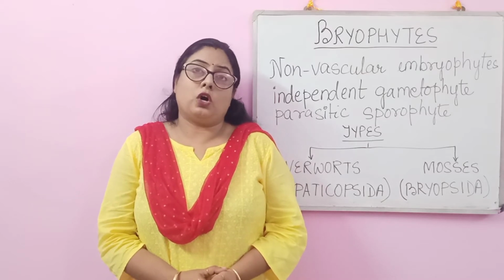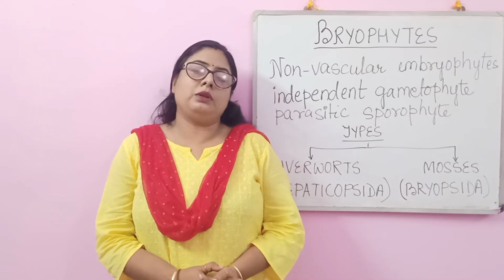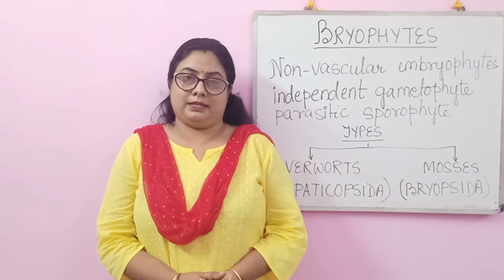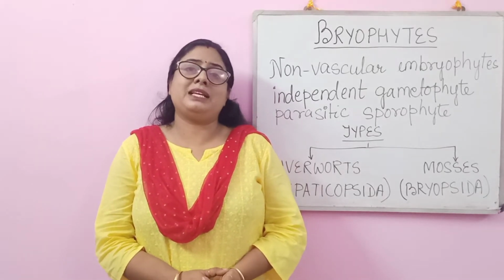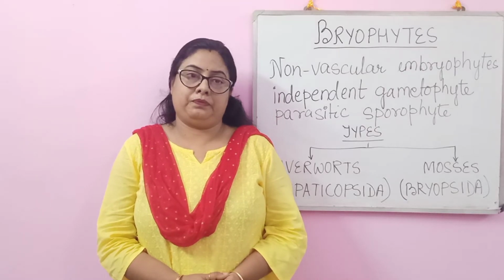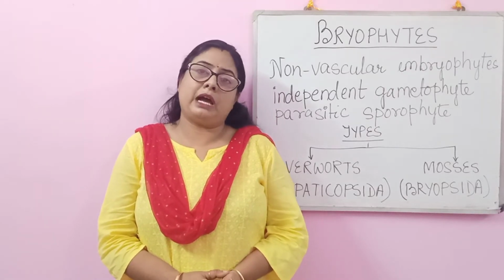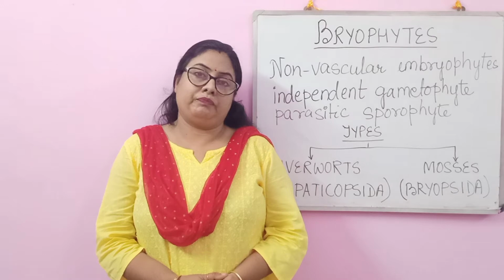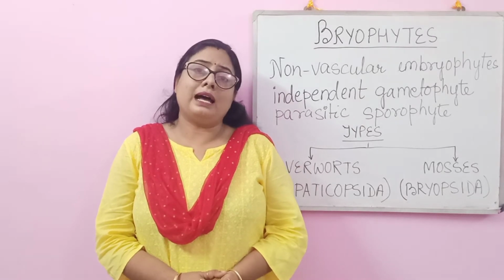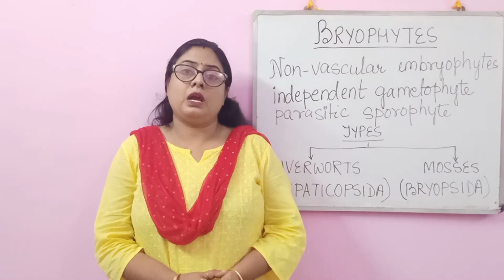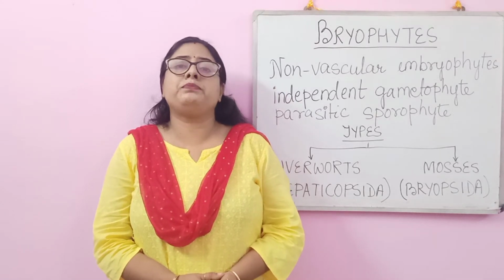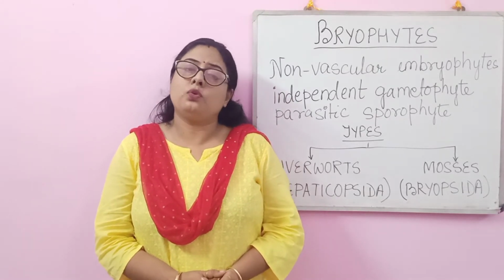The sex organs are multicellular and they are jacketed. Two types of sex organs can be seen in them: the antheridium and archegonium. The antheridium produces antherozoids and the archegonium produces eggs or oosphere.